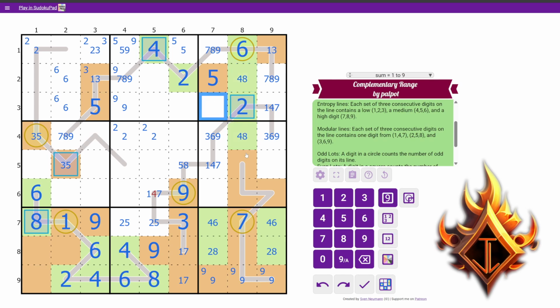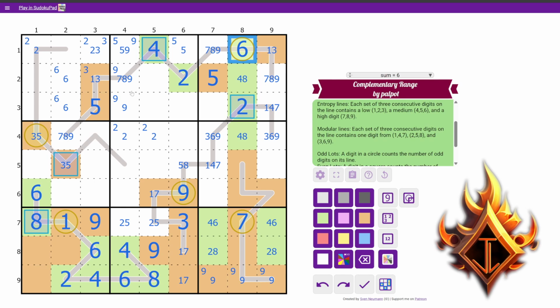Well, it doesn't matter. I know all these are odd. 1, 7 is odd. There are 4 evens. There are 6 odd. There are 3 at the moment.